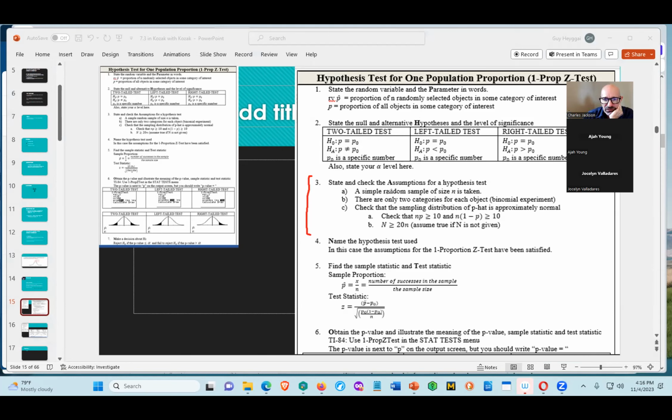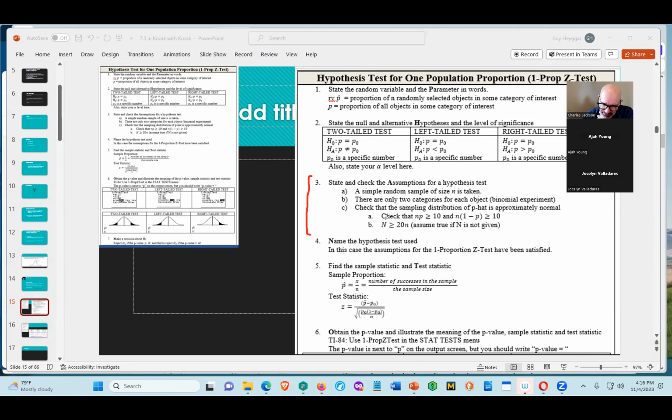Okay, so let's see. A simple random sample of size n is taken. There are two categories for each object. So Kozak always makes the comparison here to the binomial experiment. np greater than or equal to 10 and nq greater than or equal to 10. Those two things have to be true.